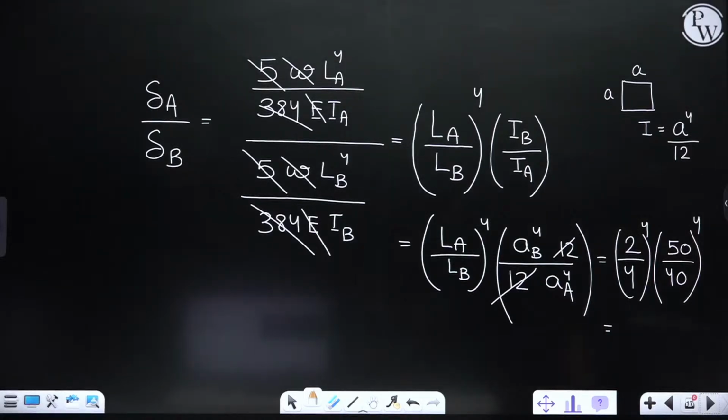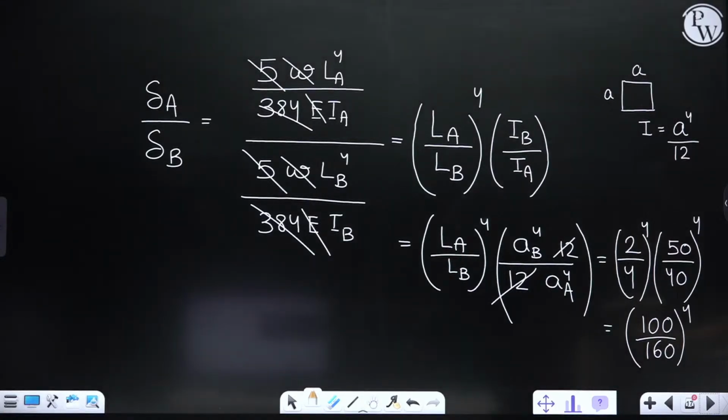So we can find out this. Actually this becomes 100 by 160 to the power 4. Now you can easily find out this. Remember, in GATE they won't be asking you lengthy questions.